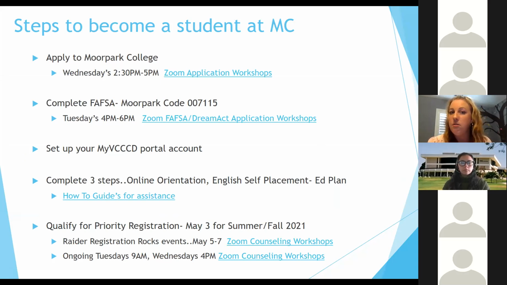They're pretty simple. It's an online orientation, an English self-placement, and then doing what's called a first semester education plan. And we have some how-to guides on our website to help with that. And then we do Zoom group counseling sessions to help you get started. Those are the steps for us.